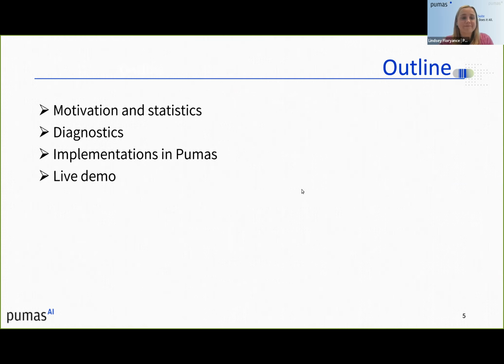Thank you, Lindsay. My name is Patrick, and I'm a director of research engineering at Pumas, and I mostly spend my time developing the Pumas software itself and making sure that we get new releases out to our users. Today, we will be talking about the missing data problems, truncation and censoring, models with truncation and censoring.